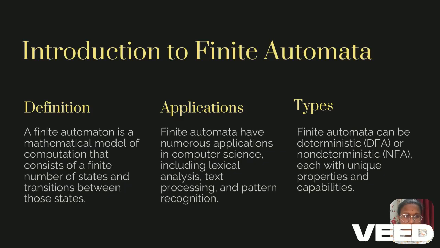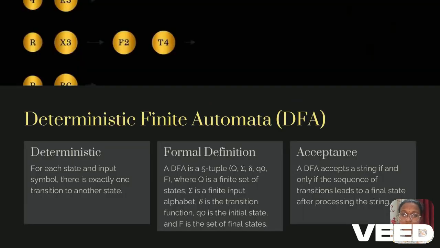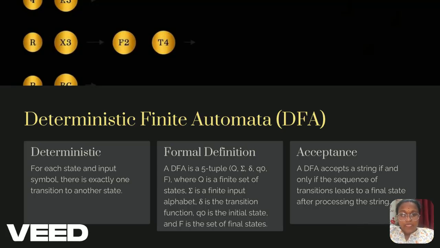Types of finite automata can be deterministic or non-deterministic, which are called DFA or NFA, each with unique properties and capabilities. So next, let's know about deterministic finite automata.